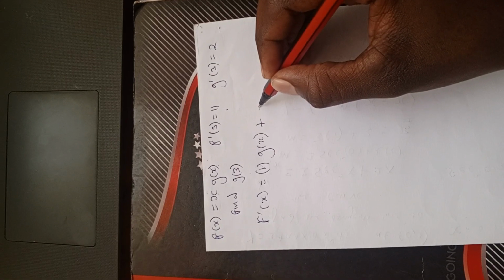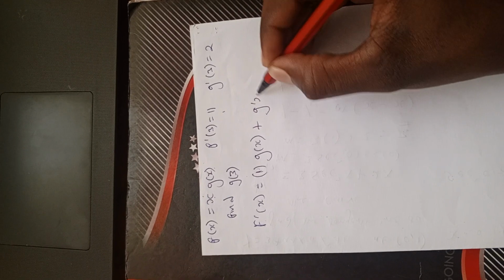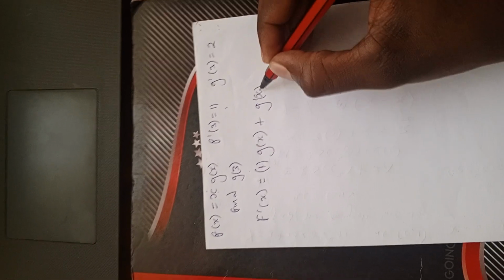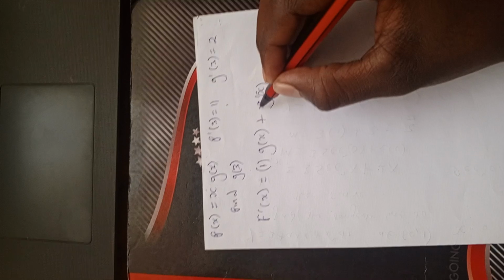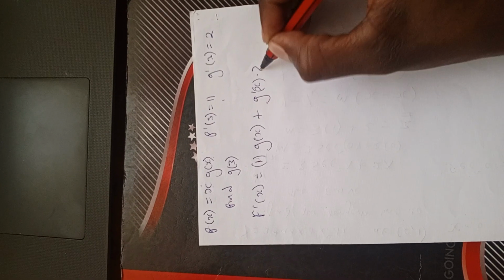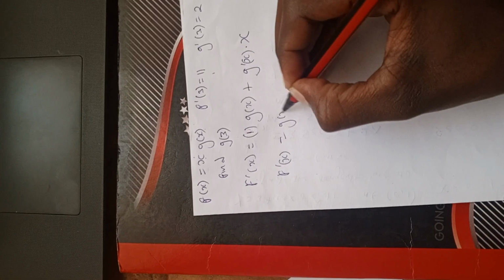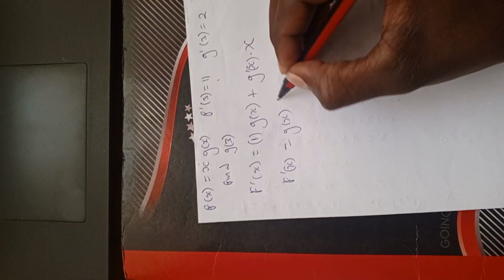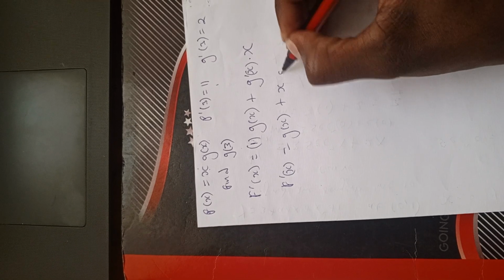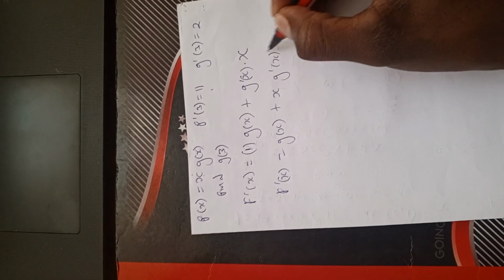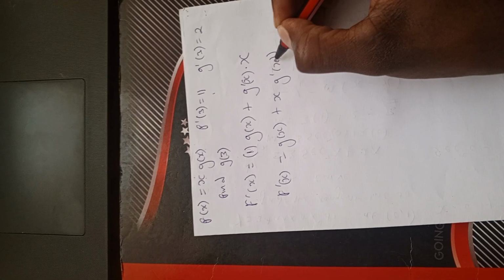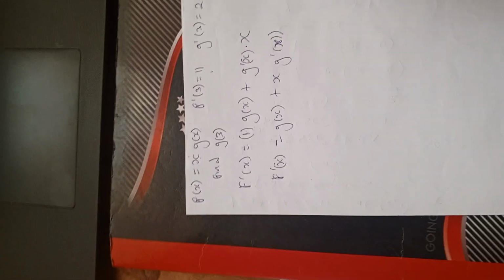When we differentiate g of x, we get g prime of x, multiplied by x which is maintained. So what we have is f prime of x equal to g of x plus x multiplied by g prime of x.